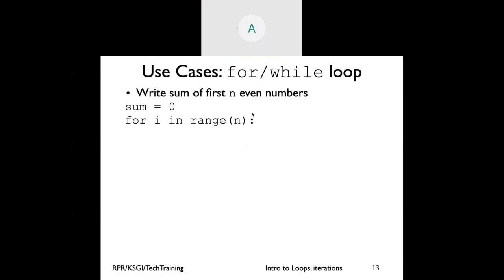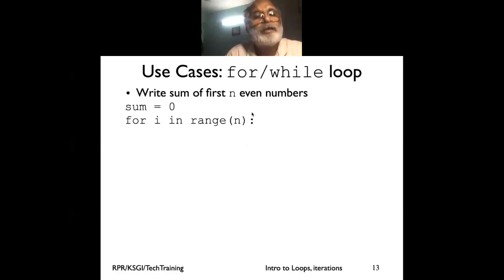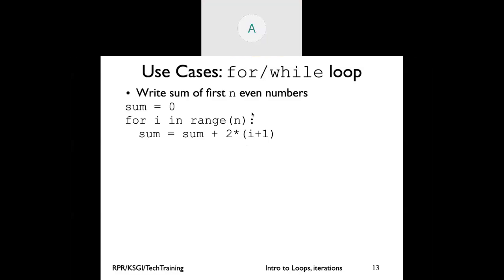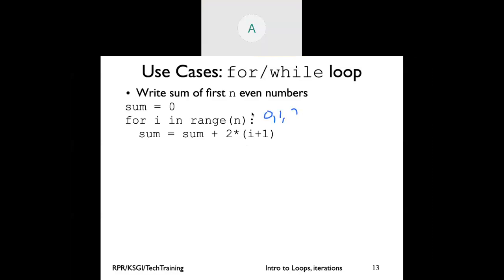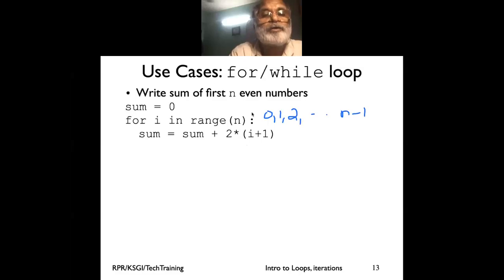So what should happen: for i in range n, starting from 0, I would say sum is equal to sum plus 2 star i plus 1, because when I say i in range n, i takes values 0, 1, 2, up to n minus 1. So I need to add 2 plus 4 plus 6 up to 2n. That's the reason for doing i plus 1. I repeat it and then I say print sum. So this is a for loop.